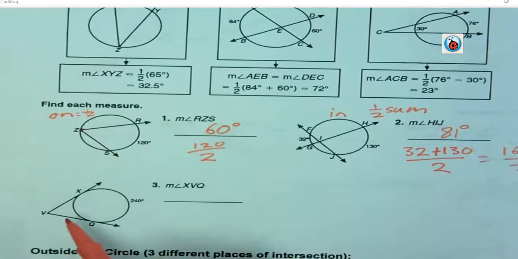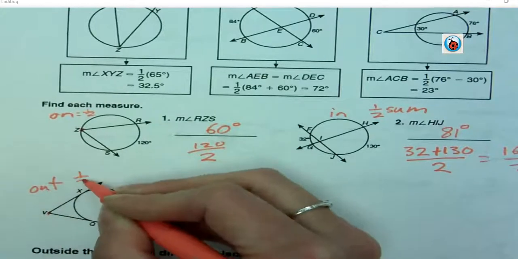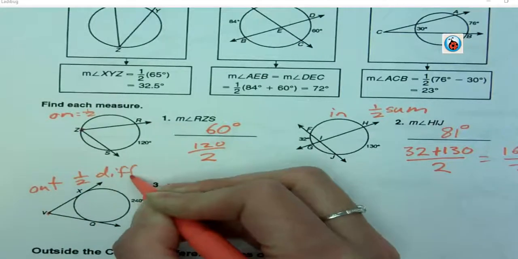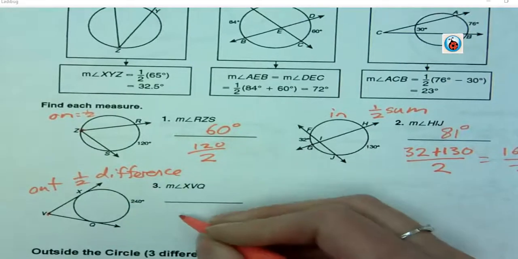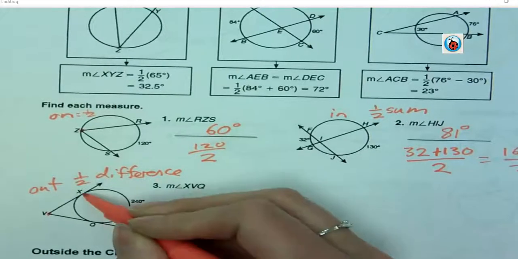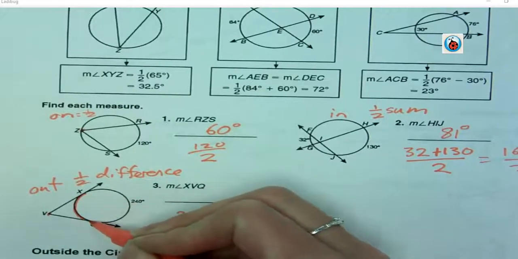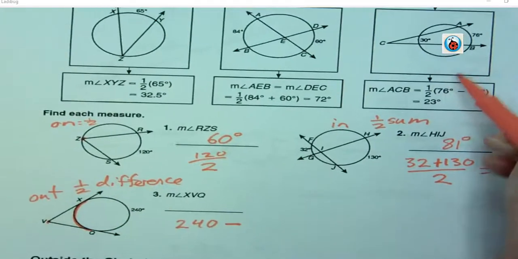And then this time it's outside, so it means we have 1/2 the difference. Okay, so that means I have to do 240 minus this inside arc. And so sometimes they give you both, like in our example up here, but sometimes we have to find it.